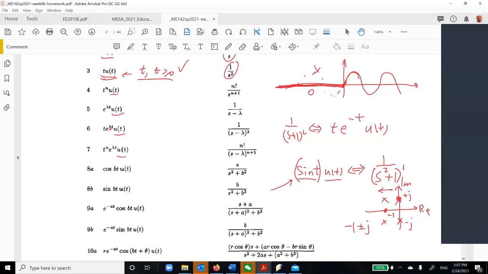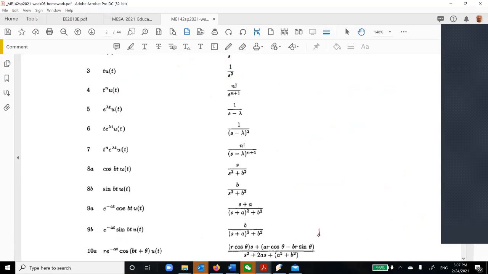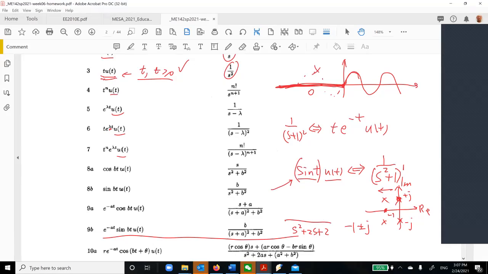In this case, I have s squared plus 2s plus 2. Do you see that? So these are the poles here and here.